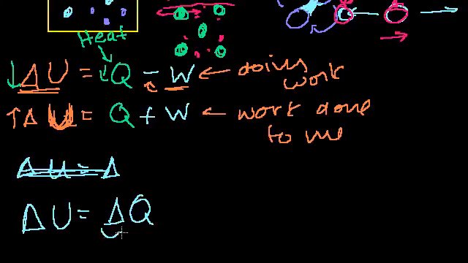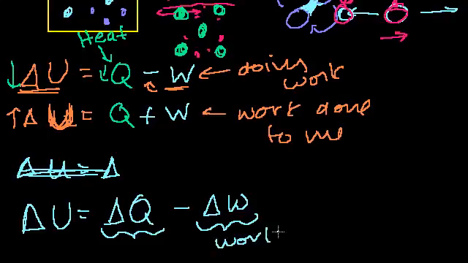But you can also view this as the heat added to the system minus the change in work, which is a little non-intuitive, because when you talk about heat or work, you're talking about transferring of energy. So when you talk about change in transfer, it becomes a little confusing. Sometimes the delta work means work done by the system. So obviously, if you have some energy, you do some work, you've lost that energy, you've given it to someone else, you'd have a minus sign there.